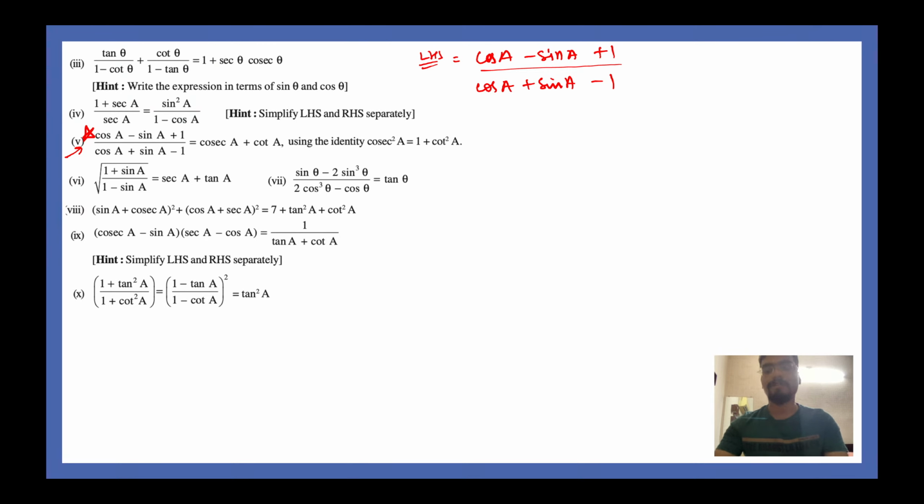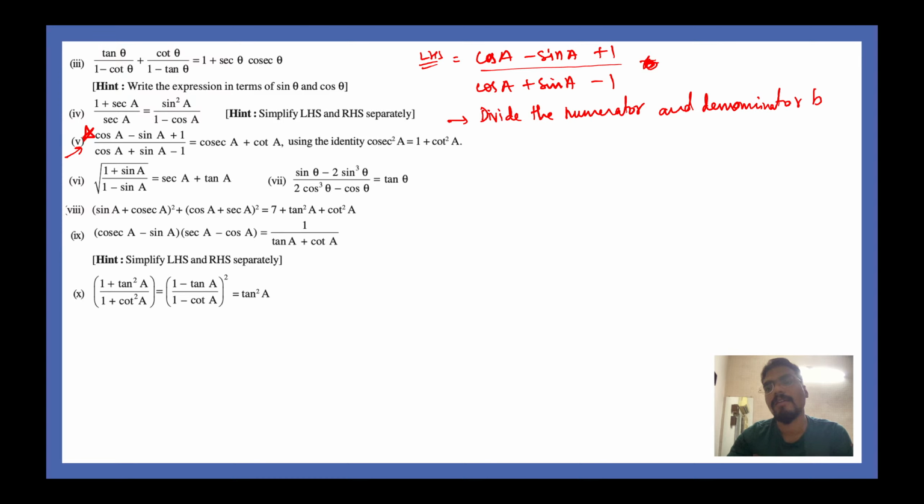Before putting the equal to sign here, I want to convert this cos a into cot a somehow. How do you do that? You simply do one thing. You divide the numerator and denominator all together by sin a. That's it.